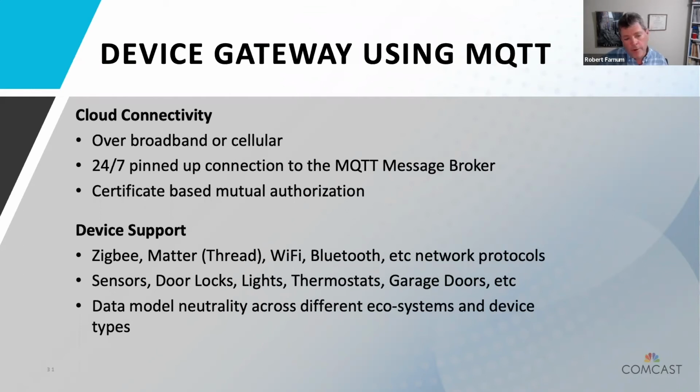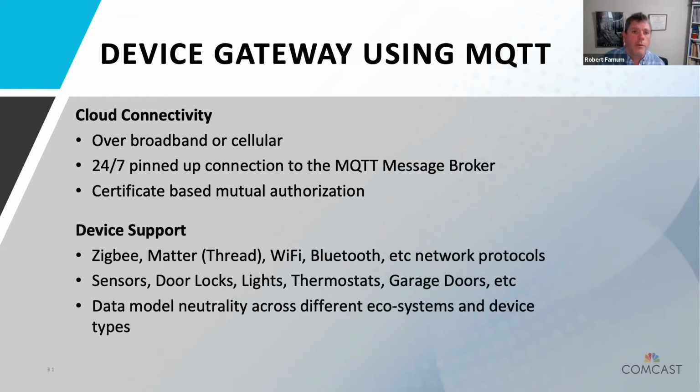We support a plethora of different types of devices, whether they're different types of sensors, motion, smoke, for example, or door window sensors, door locks, lights that support just on, off, or color, or different levels of brightness, thermostats, and garage door types. And we support these all generally the same.